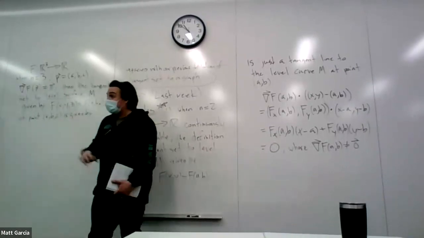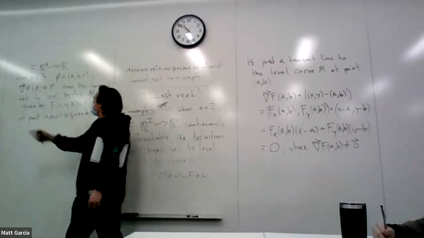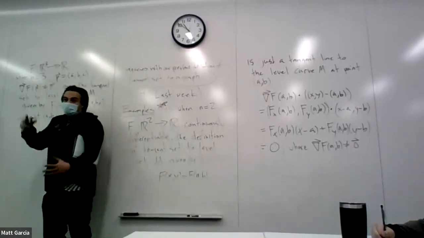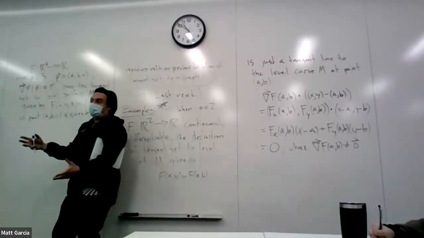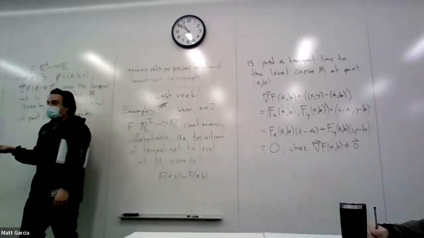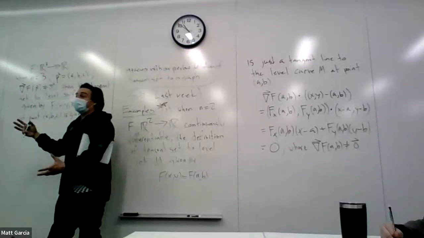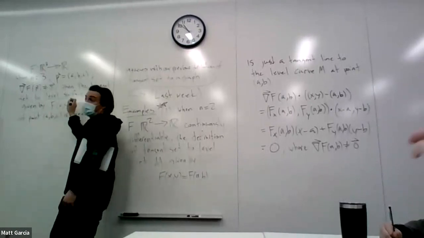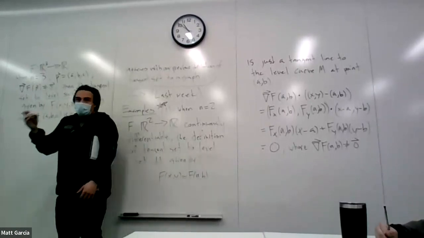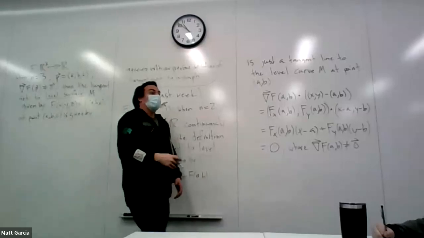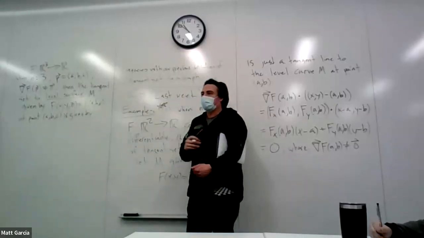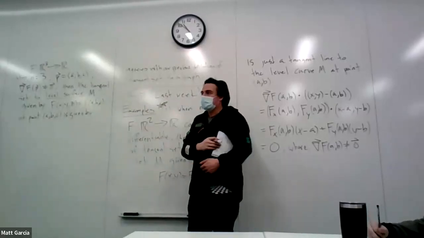Yeah, it's a plane. Exactly. So the graph of this function f lives in R4. It's a 3-dimensional thing. We take a cross section of it, we get a 2-dimensional thing, a surface, a level surface. So the tangent set to a level surface is a tangent plane. Good.